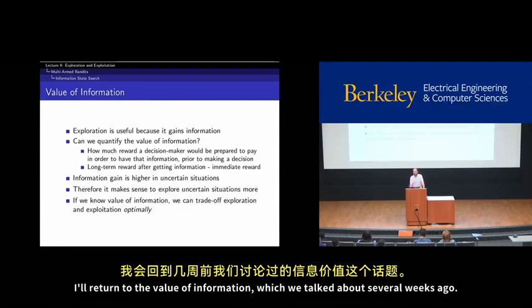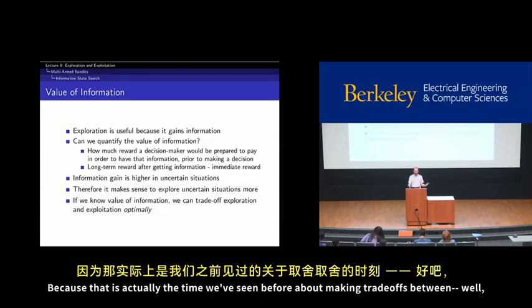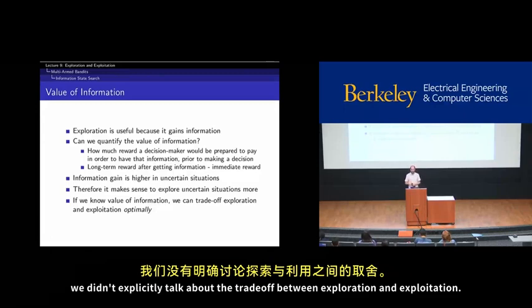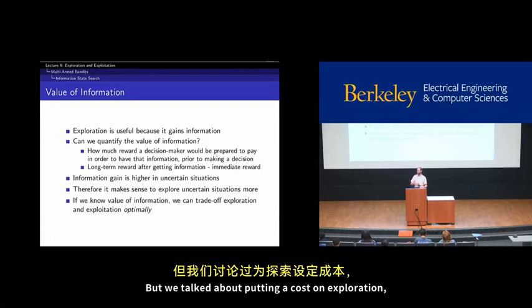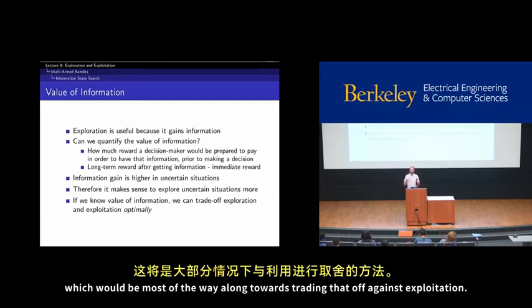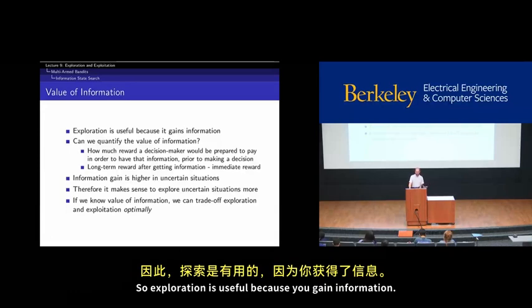I'll return to the value of information, which we talked about several weeks ago. We didn't explicitly talk about the trade-off between exploration and exploitation, but we talked about putting a cost on exploration, which would be most of the way towards trading that off against exploitation. So exploration is useful because you gain information.